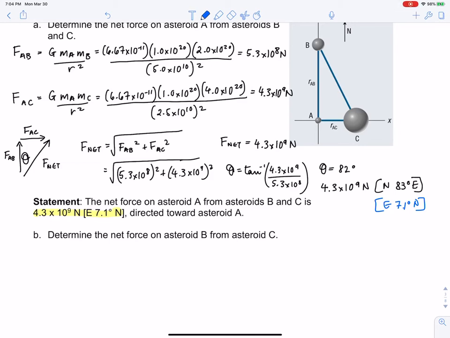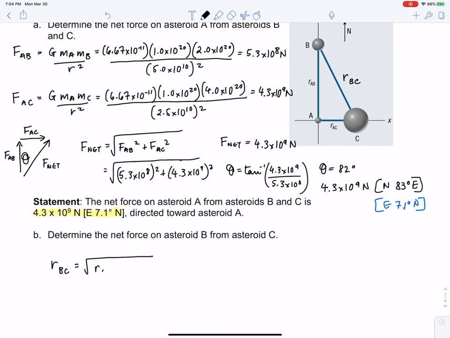First thing we're going to do is find the distance between asteroid B and asteroid C. We're going to find this distance here. Asteroid BC distance. We're going to use the right angle triangle again in Pythagorean theorem.